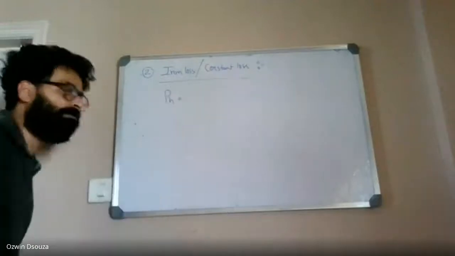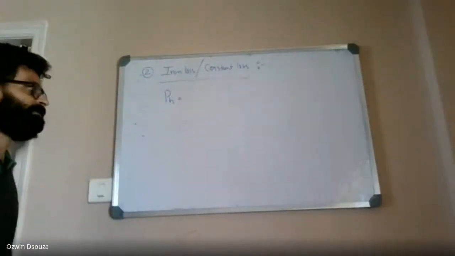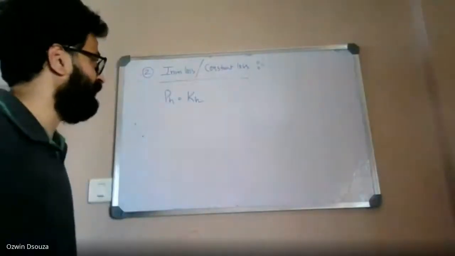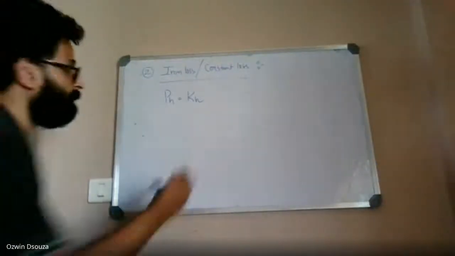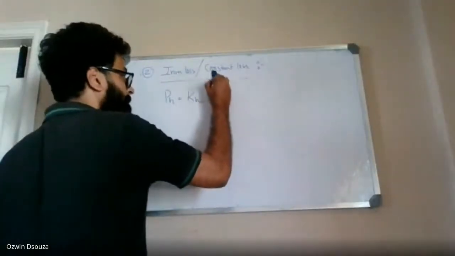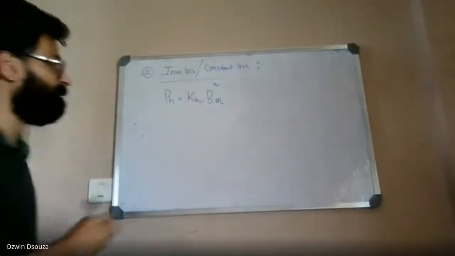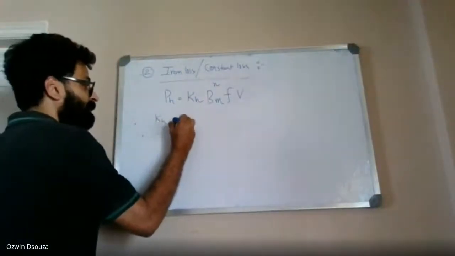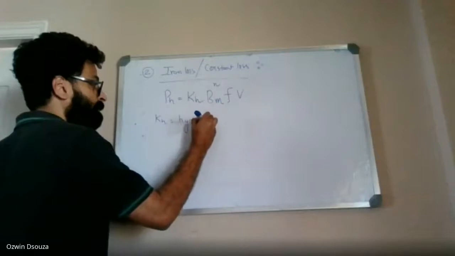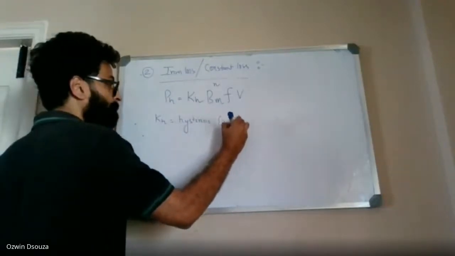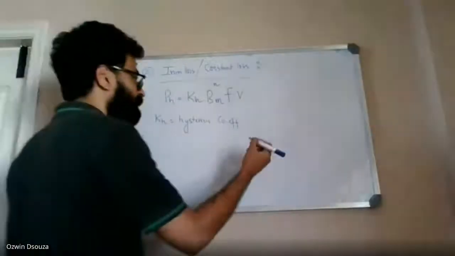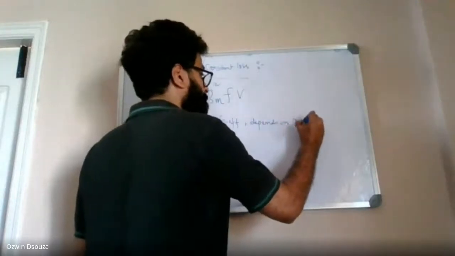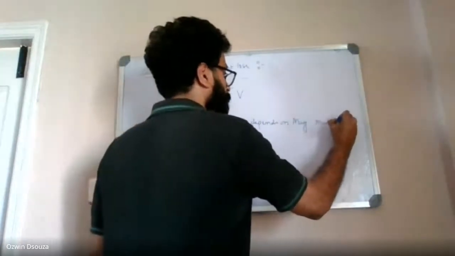Now, hysteresis loss can be given by the following empirical relation. There is no derivation. Hysteresis loss PH is given as KH into flux density to the power n, into F into V, where KH is the hysteresis coefficient, which depends on the magnetic material.